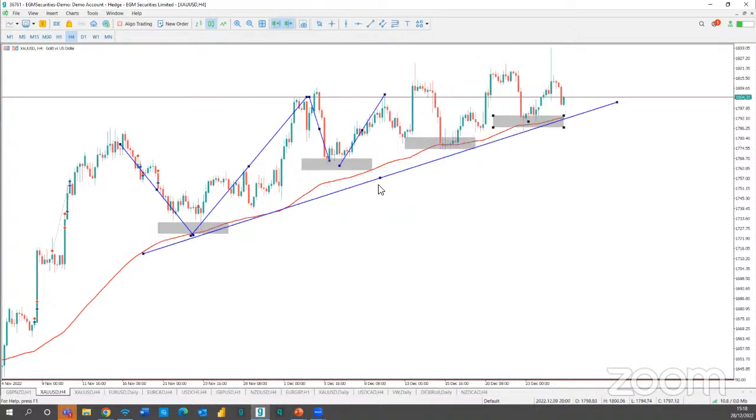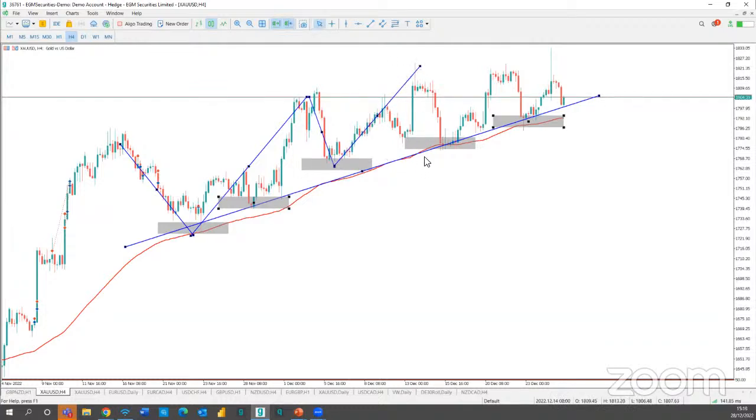So you can either use a line that you draw yourself by joining the lows of the market, the points where the price is turning to the upside, like you can see in what I've drawn here. Okay, it's bouncing off those levels. So you can either draw the line yourself by identifying a series of low points which occur along the same level, or you just put this moving average and it will automatically smooth out the price.